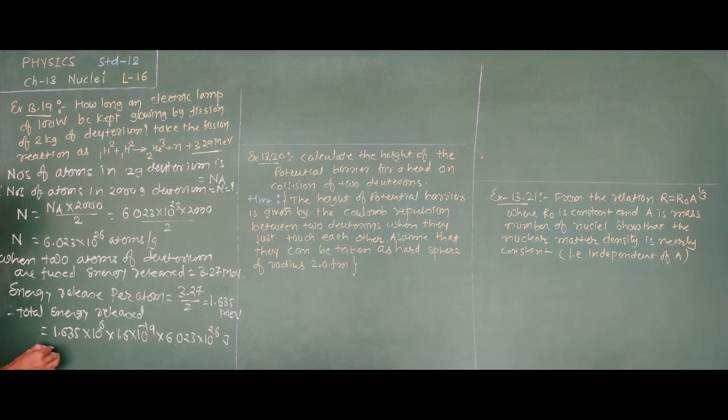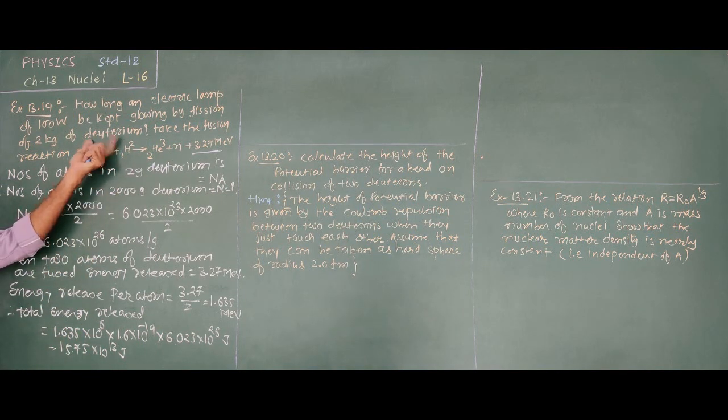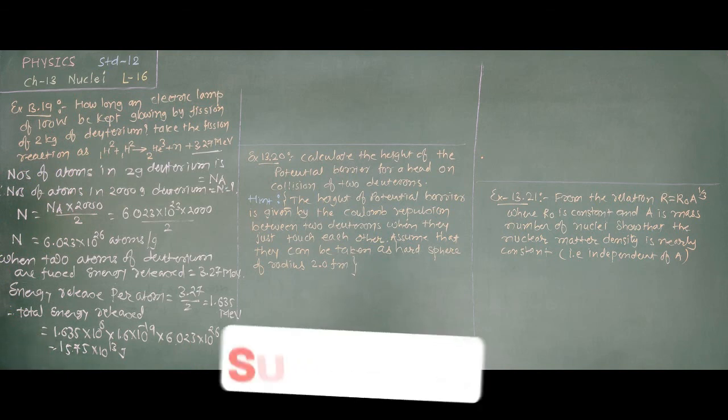Therefore, 15.75 into 10 to the power 13 joule energy is released. That is the total energy released. Right? So that much energy is produced due to the fusion of 2 kilograms of deuterium.